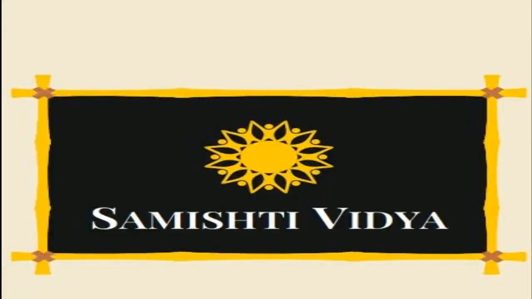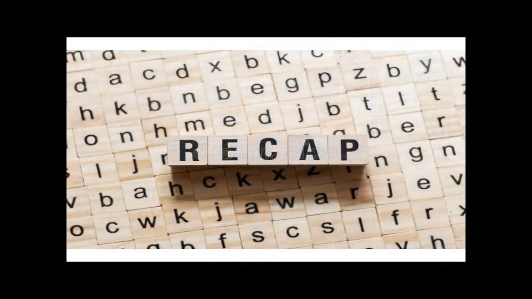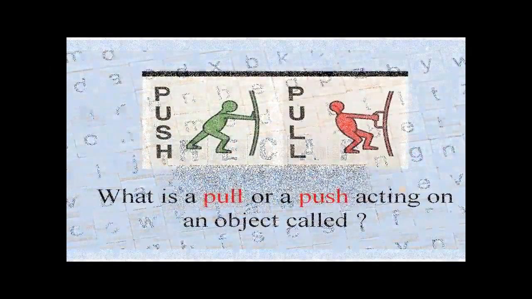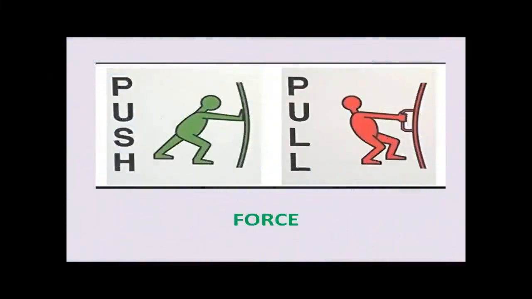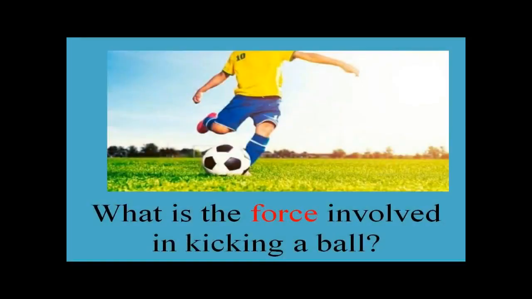Before starting the new session, let me ask you a few questions, which we have discussed in a previous class. What is a pull or a push acting on an object called? Yes, it is force. What is the force involved in kicking a ball?